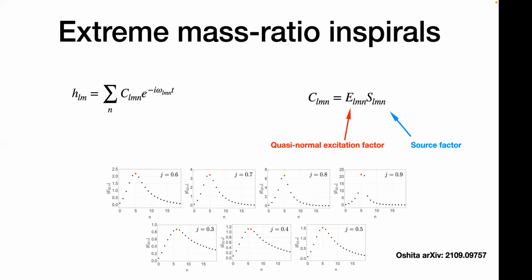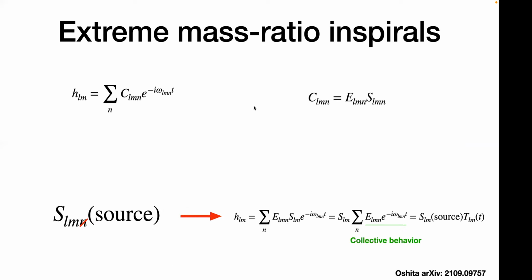But on the other hand, still from this paper, Oshita showed that the source factor is independent of the overtone index. As a result, we can factor this term out, and the remaining piece is a function of time, which is independent of orbital dynamics.